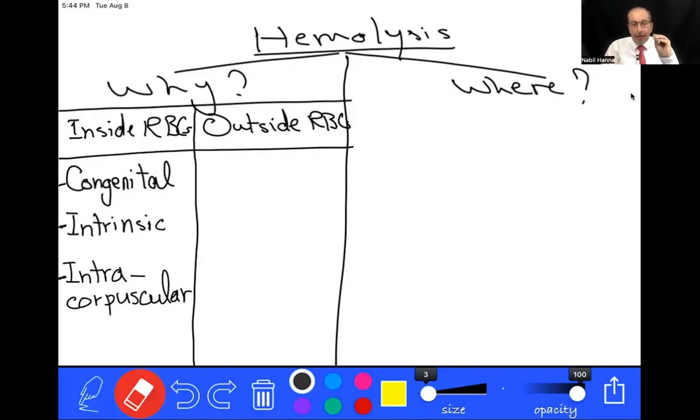We know from this that there is a problem in the red blood cell. If the problem is outside the red blood cell, usually this problem is acquired, not congenital. You're not born with it. You're born with normal red blood cells, but something happens outside the red blood cells leading to their hemolysis. So because the problem is outside the red blood cells, we call it extrinsic.